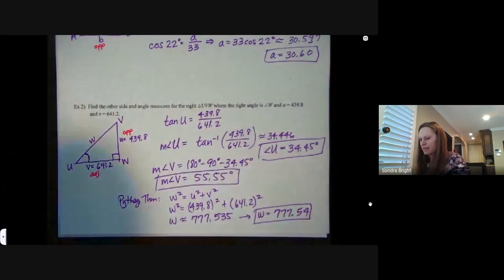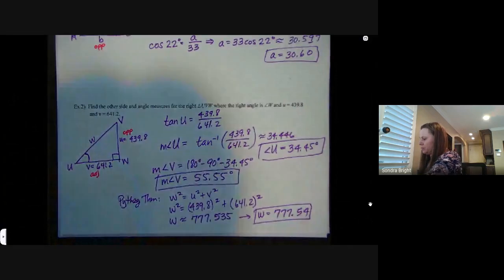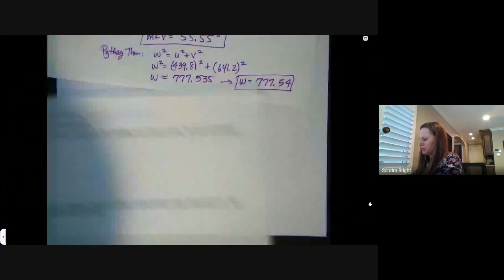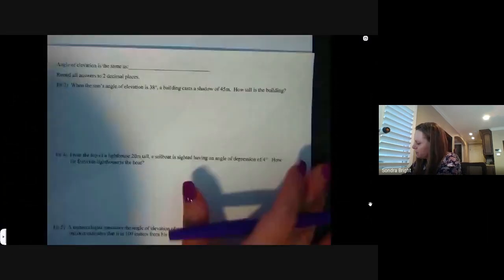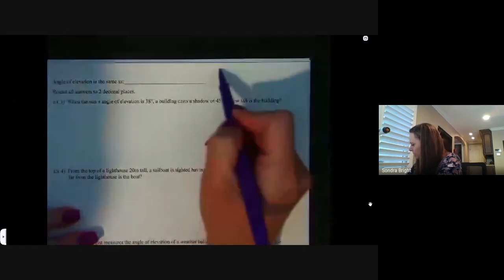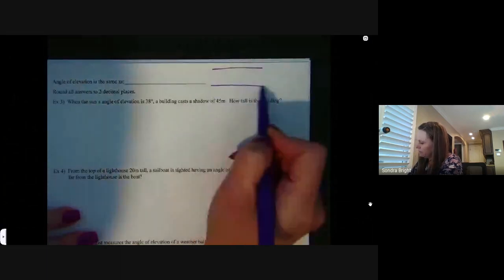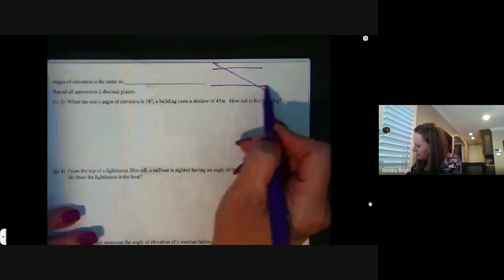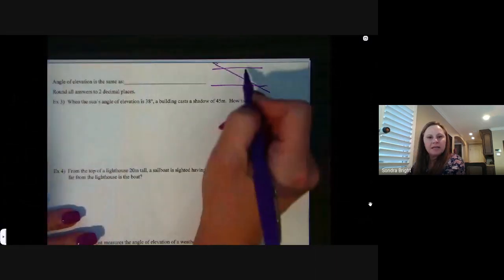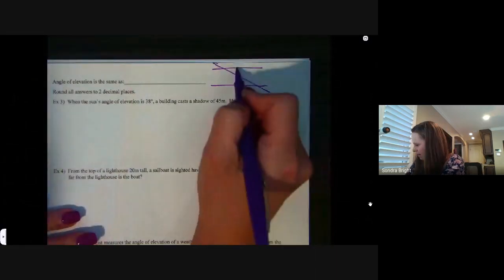Angle of elevation and depression. Well, okay. So let me remind you of something. Do you remember that if you have two parallel lines cut by a transversal, then this angle here is equal to this angle here because of alternate interior angles.